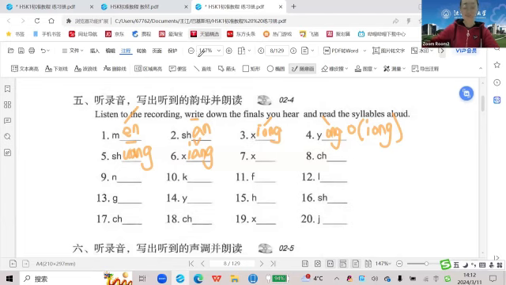Okay, number 7. Listen to me carefully. 星. Quickly. Input your answer in the chat room quickly. 星.